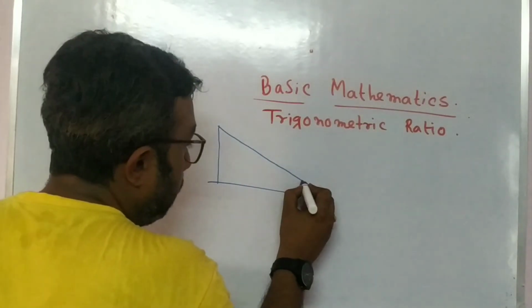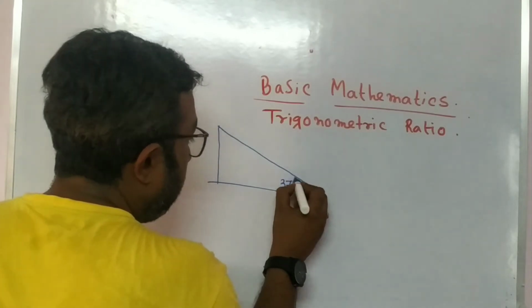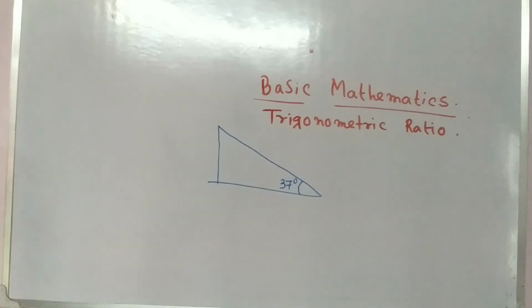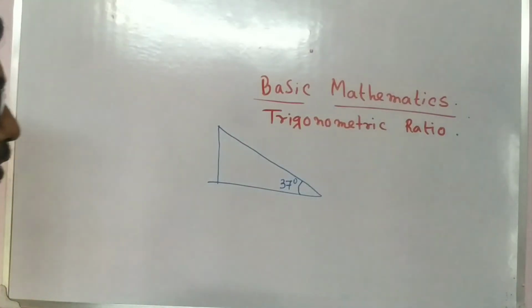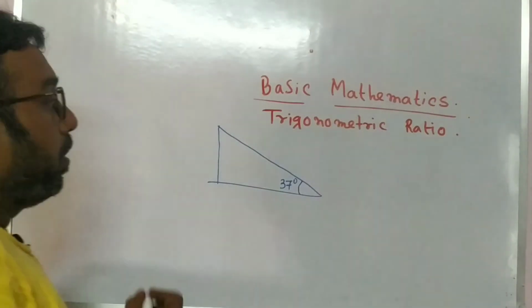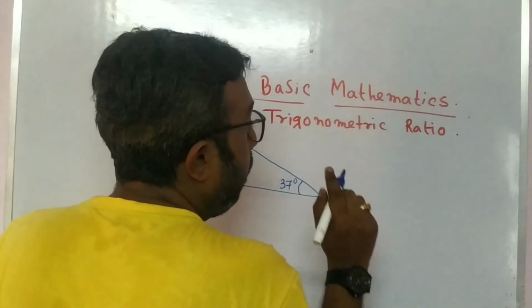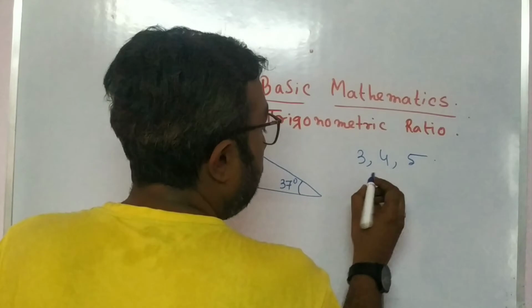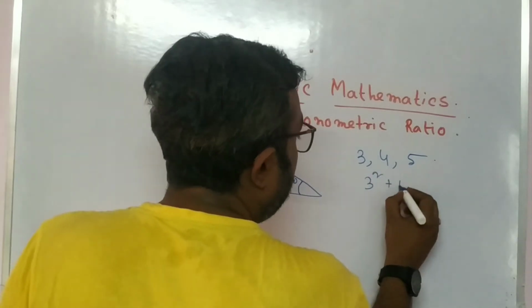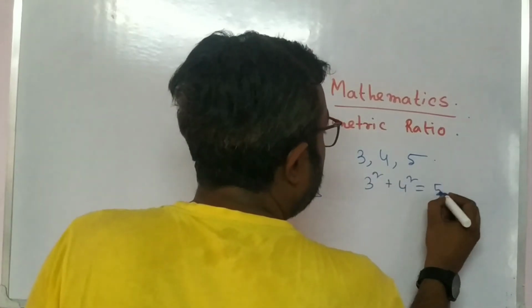If it is 37 degree, then how will we measure this side and this side and this side? First of all we need to remember one triplet, 3, 4 and 5. Now you see 3 square plus 4 square equal to 5 square.